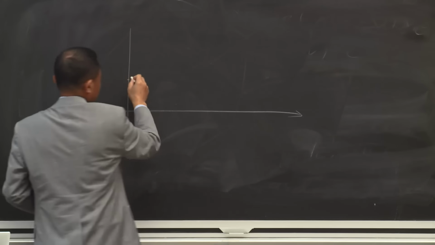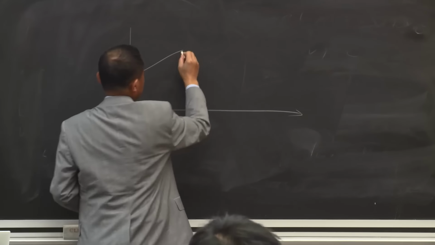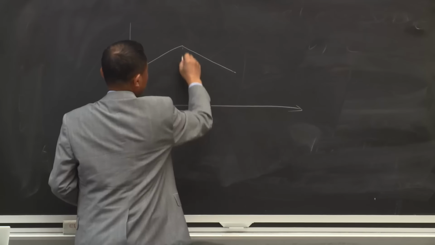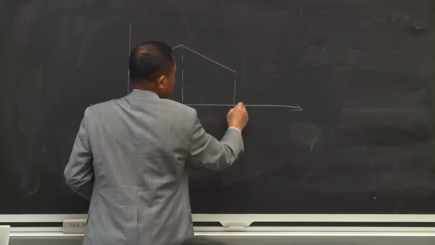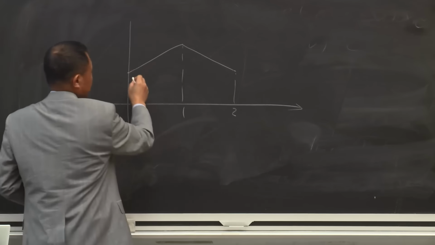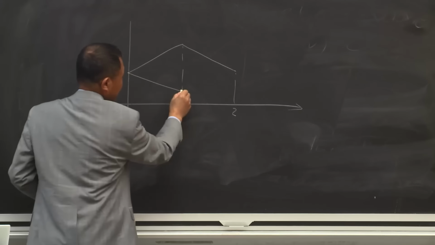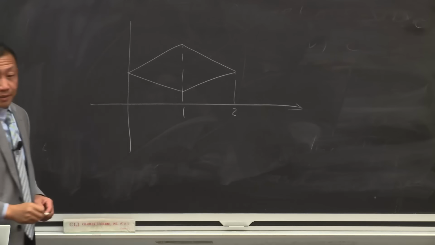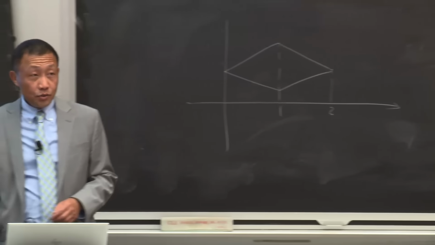So they both started here. The first asset doubles, then halves. So this is year 1. This is year 2. The second asset halves first, then doubles. So those were the R1 and R2s.